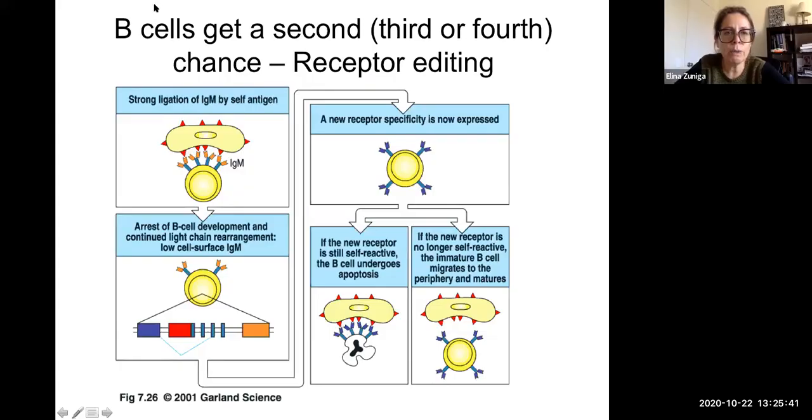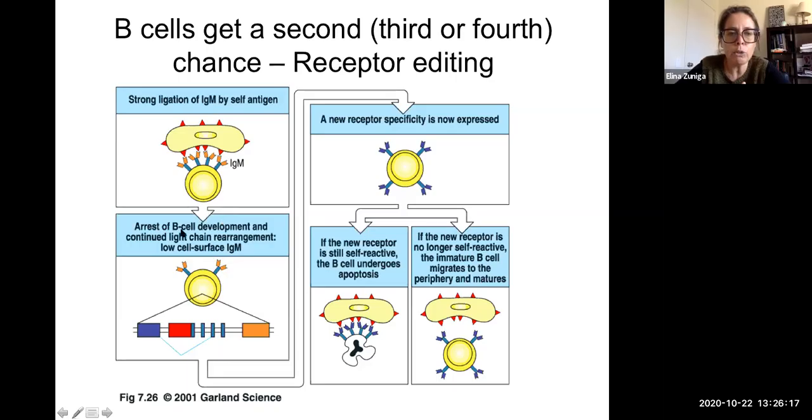Okay, so the B cells that are specific for the self-antigens also get a second or third or fourth chance, which is called receptor editing in this case. Let's say you have a developing immature B cell that now expresses a functional immunoglobulin M, and so has passed the second checkpoint, and now engages with a strong ligation of specific self-antigens in the cells in the bone marrow.